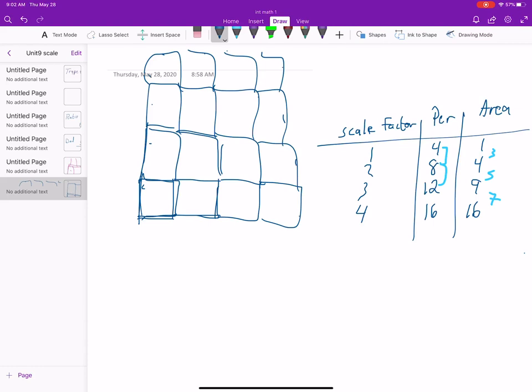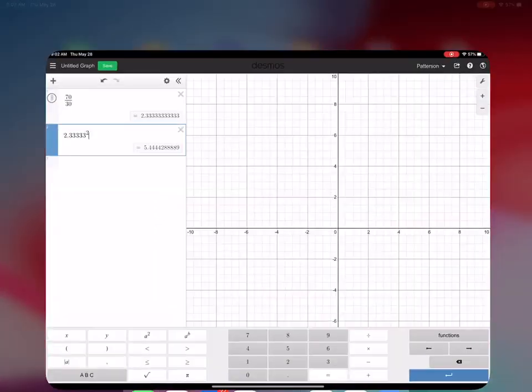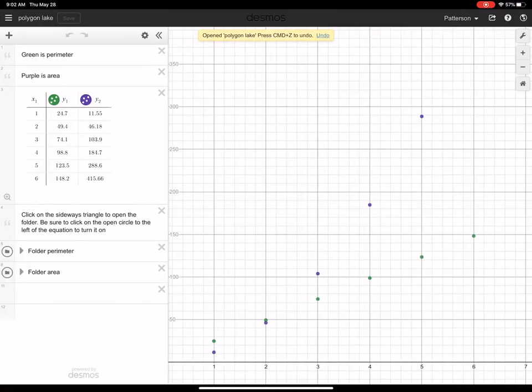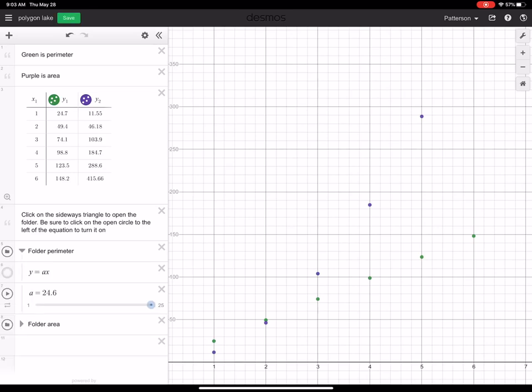So then we went ahead and looked at this Desmos graph, and I think I still have that here. Okay, and here it is. This was the Polygon Lake, where we had the perimeter and we had the area. I opened up this folder and clicked on that, and I can see by sliding this that y equals 24.6 x is a nice line.